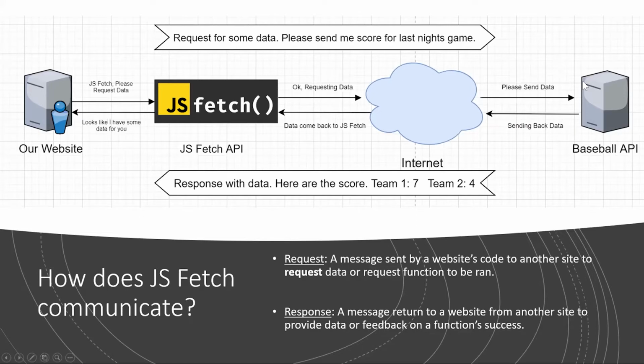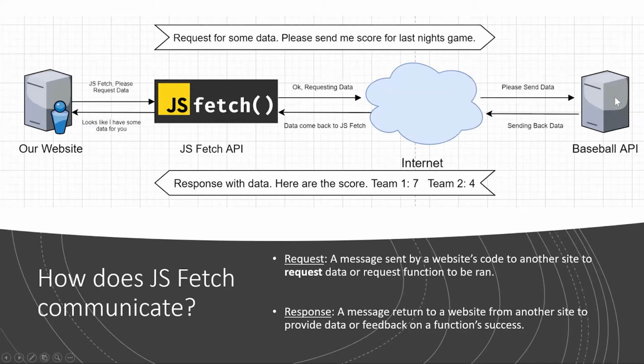So we have our website, which would be our JavaScript. It would contact the JS Fetch API that's part of the JavaScript library and say, hey, JS Fetch, please request some data for me. So it would put together a request, what's called a request document, and send it out over the internet if it's a third-party API, or if it's local, it could be over your network, asking the baseball API, hey, please send the data.